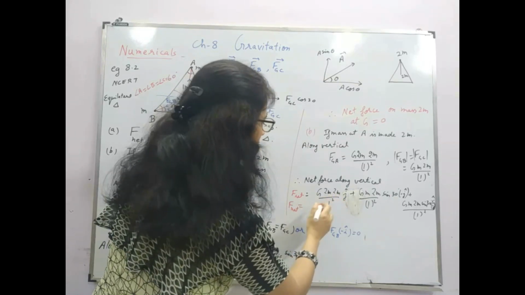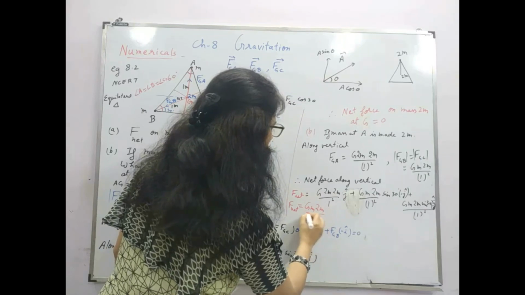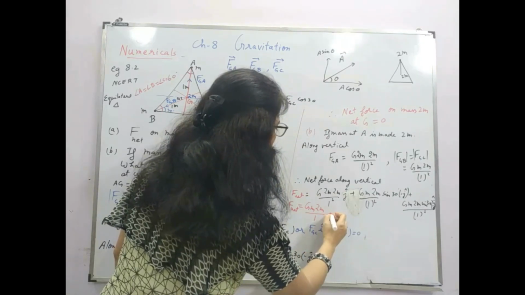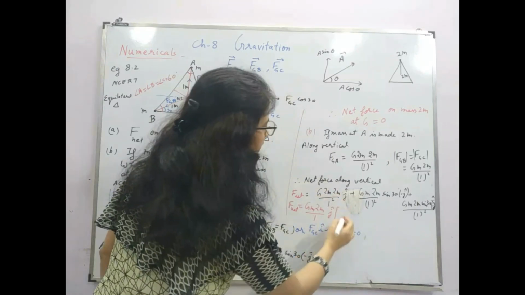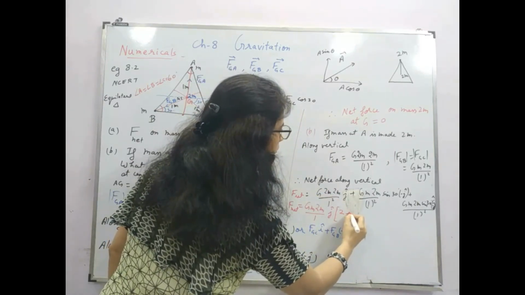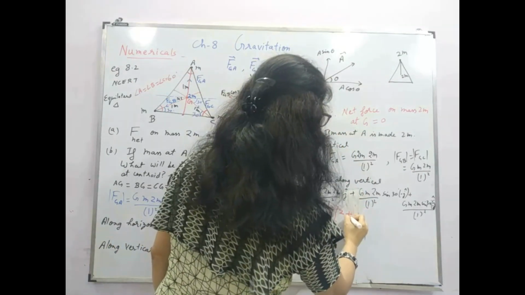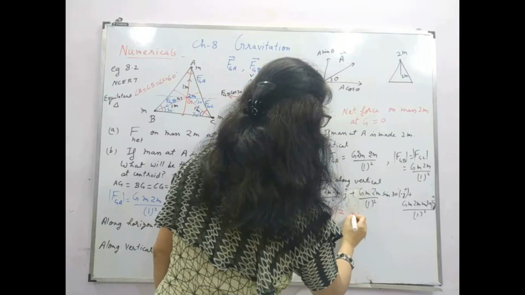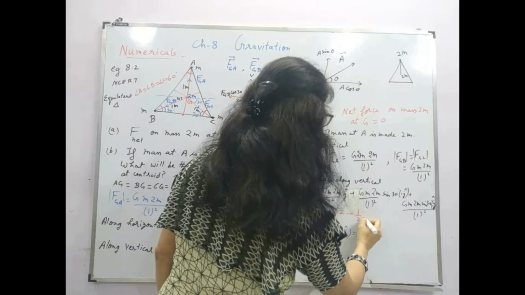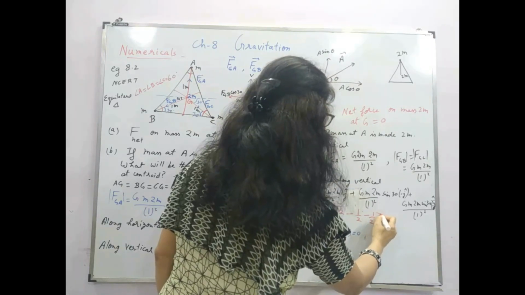I can take G m 2m upon 1 into J cap common. So here what will remain? 2 plus minus 1 by 2 minus 1 by 2 again.